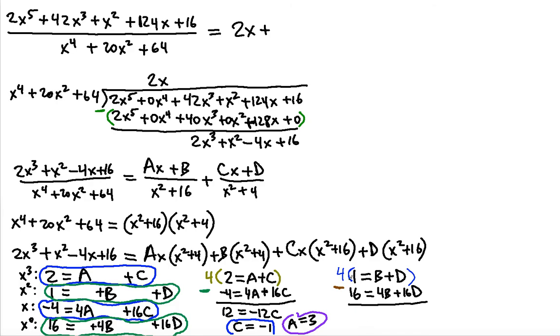So we got 4 times 1, 4 minus 16 is minus 12. 4b minus 4b, remember this negative applies to all of these terms, right? Minus applies to all. So 4b minus 4b is 0, what we wanted. 4d minus 16d is minus 12d. So as a result, d is solvable.